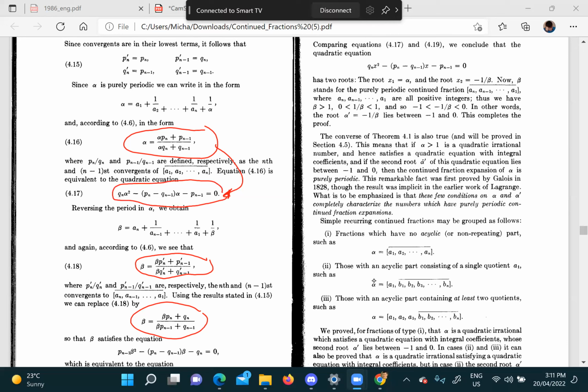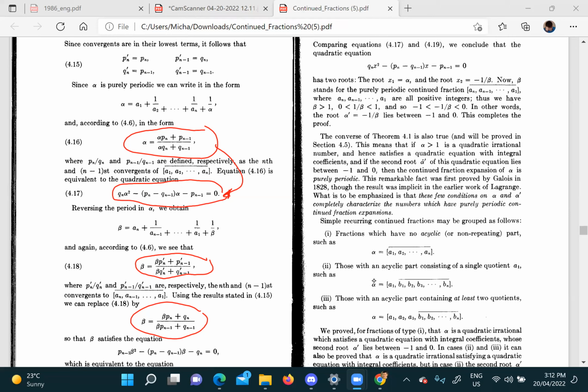So we're proving that if a continued fraction is purely periodic, as in it's periodic right from the start, then it has to be the root of a quadratic equation with integer coefficients. There are more conditions. Even if it wasn't purely periodic, that would be true.